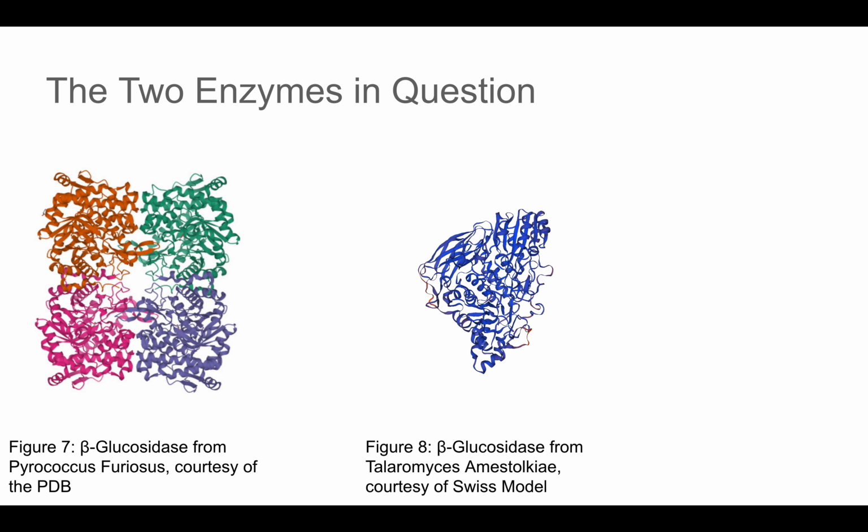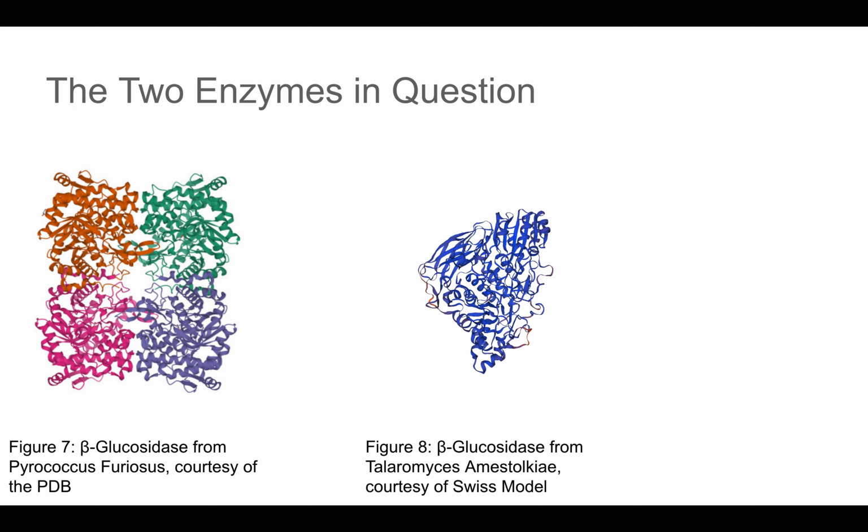And so we see the two enzymes in question. The PF on the left is a tetramer, so it has four pieces that come together to stabilize each other and to make the reaction go forwards. On the right hand, we see just a monomer of TA, and it's able to conduct the reaction at a decent rate.